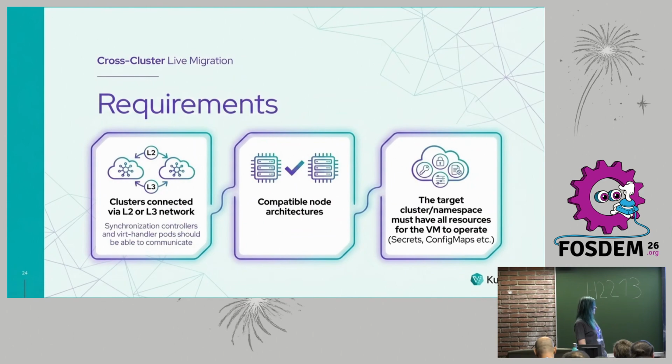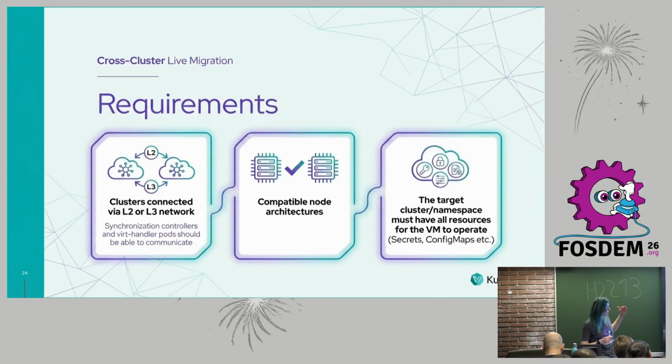Okay, now requirements. Of course, your two clusters need to be somehow connected. It can be an L2 or L3 network, because your synchronization controllers need to communicate with each other somehow, and virt-handlers need to communicate with each other.